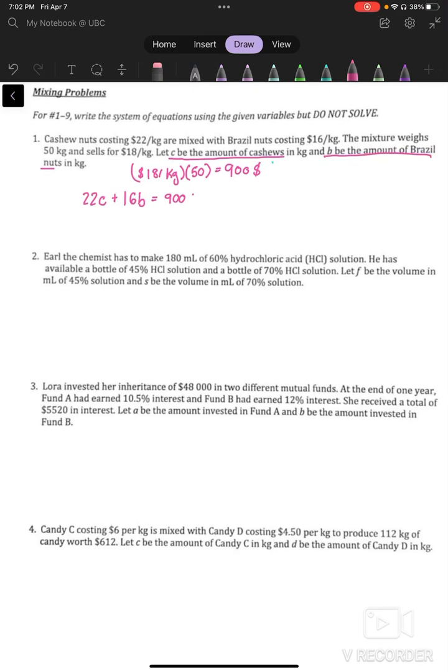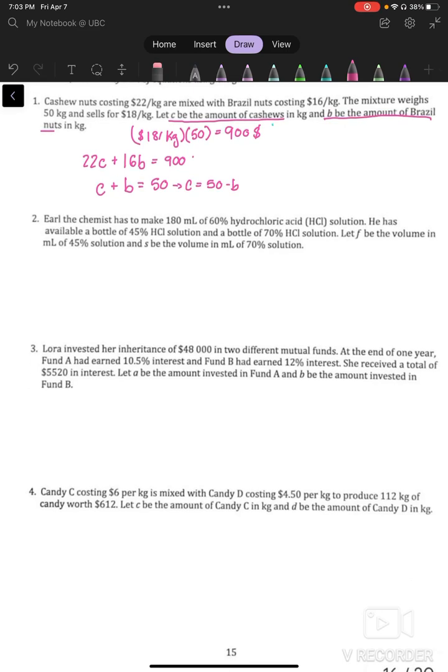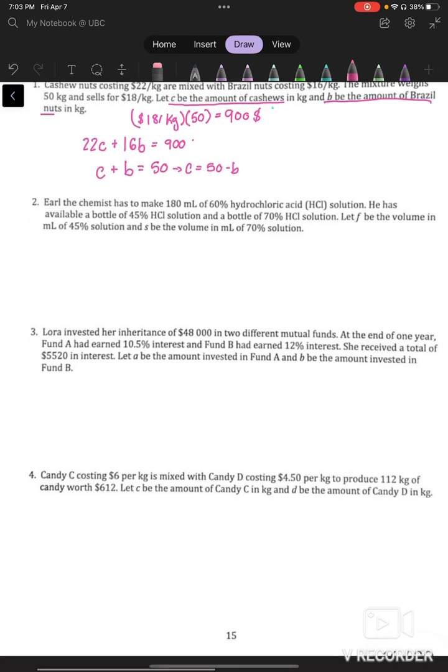And then the amount of cashews in kilos plus the amount of Brazil nuts in kilos equals 50 kilograms. And now I can isolate C here if I wanted to solve it. C equals 50 minus B. So that's what I would write for this problem. It's nice that you don't have to solve, but that is basically what I would write.